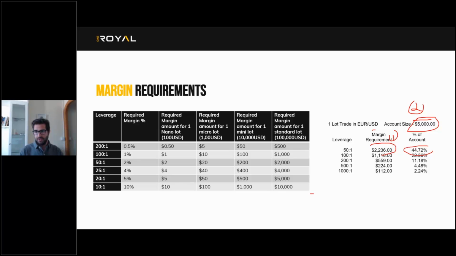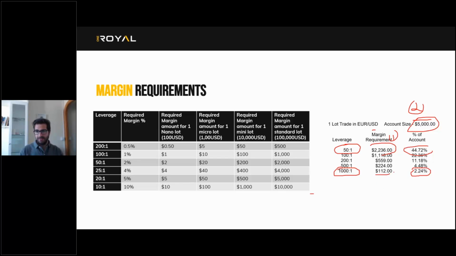So whenever you open a trading idea based on these inputs here, which is one lot, and you have this account, the margin percentage will be 44.72%. They take as a guarantee 44.72% if we're using this leverage here. However, if we're using 1,000 to 1 as leverage, they will take just 2.24% of your account as a required margin or margin requirement.